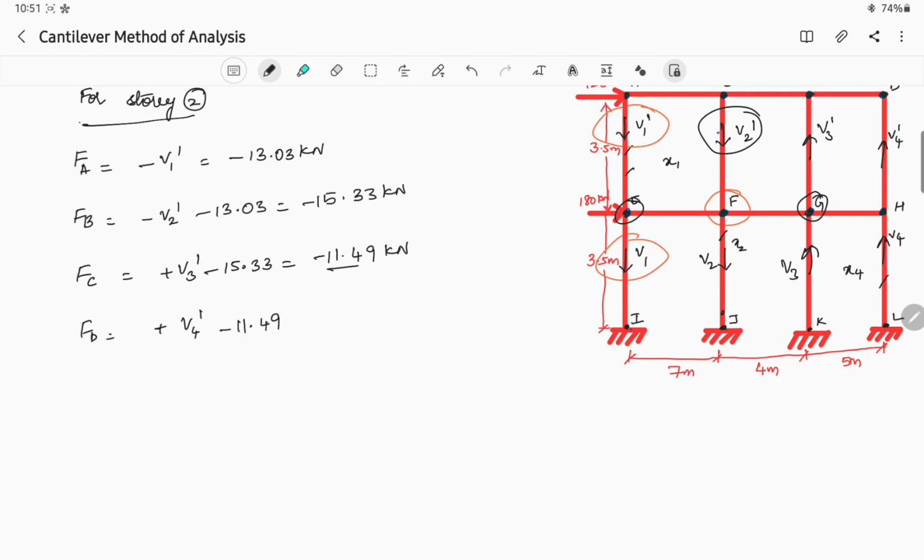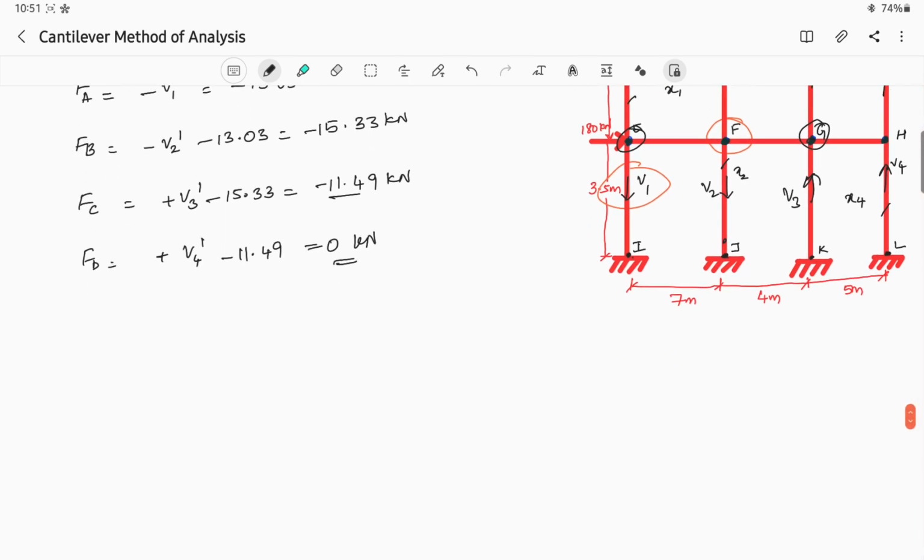If the previous value is positive, then take it positive. If the value is negative, take negative. Minus 11.49, which is equal to 0 kilonewton. If this value is 0, that means our calculation is absolutely correct.